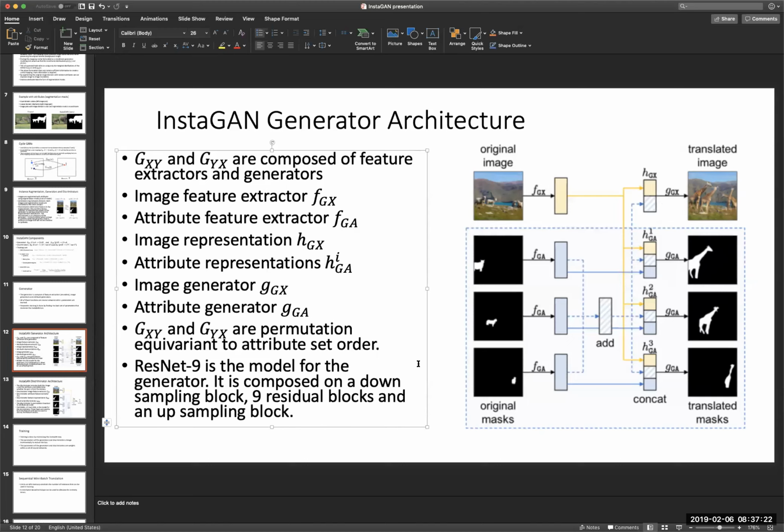Another aspect of this paper that I won't go into much detail on is this sequential mini-batch translation. Basically, a straightforward computational implementation will run up against GPU memory constraints.